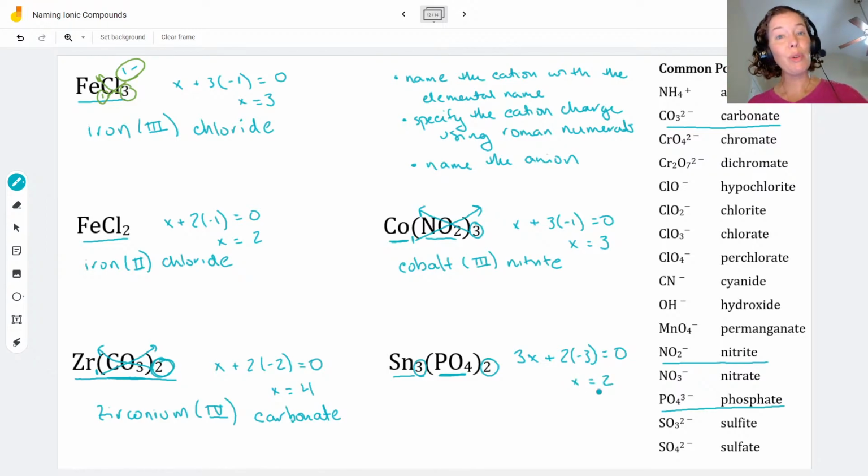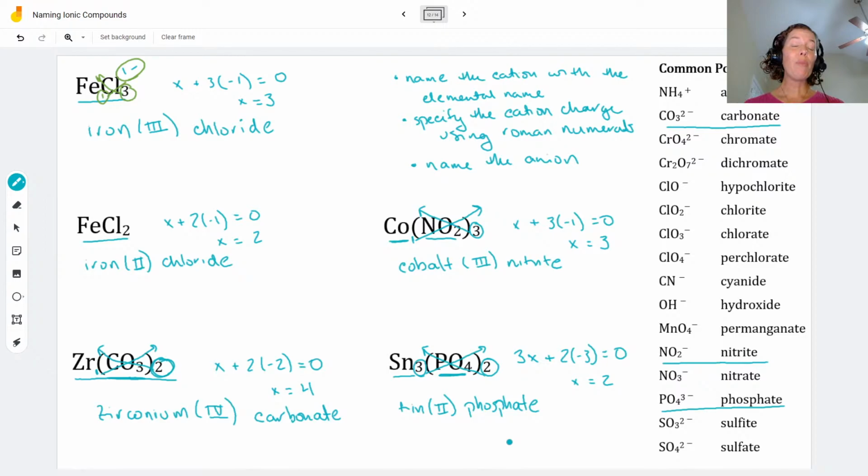But this is a case where reverse crisscross will really help us, because this 2 comes up to the charge on tin, just like this 3 came back to the charge on phosphate. So you can see that 3 is matching up with the charge on phosphate of -3, which means you can reverse crisscross. So this is tin, the charge is 2, phosphate. And that is the name of this compound.